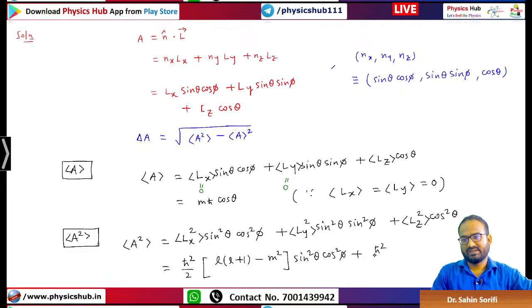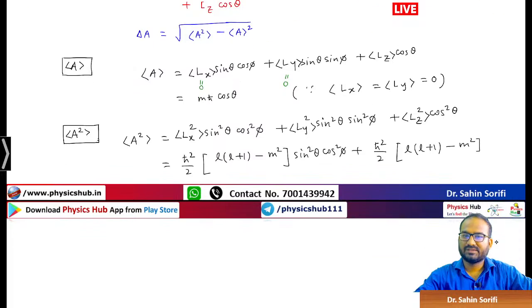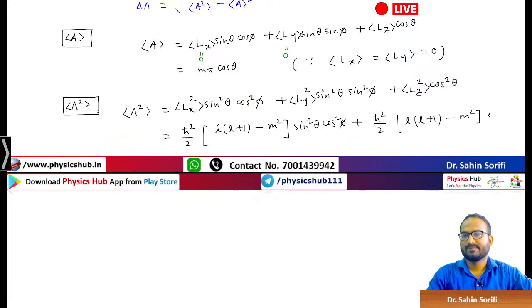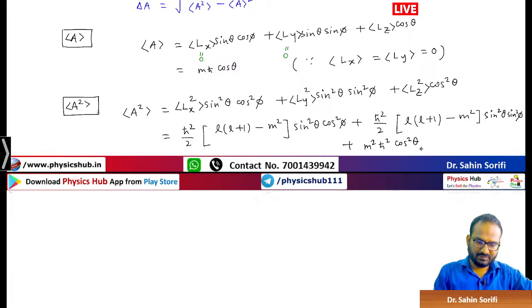So here also we will have h cut square by 2 L into L plus 1 minus m square, and sin square theta sin square phi will be multiplied along with it. What remains is Lz square. The expectation value of Lz is m h cut, so its square is m square h cut square cos square theta. I hope this is clear till now.